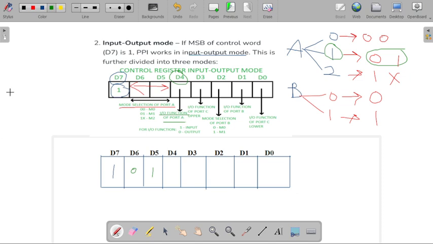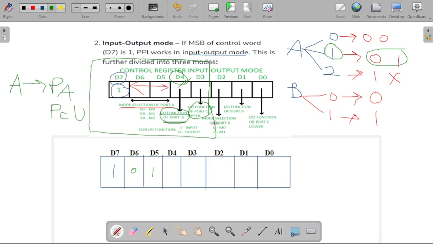Whenever you are considering the group A structure, it consists of port A and the upper part of our port C. So here the D3 bit will be set for the input-output function of our port C upper part, and the D4 bit will be set for the input-output function of our port A. So here we have completed our group A structure.